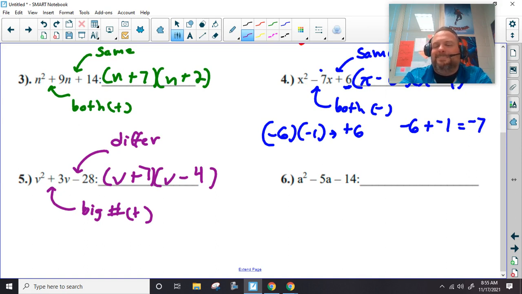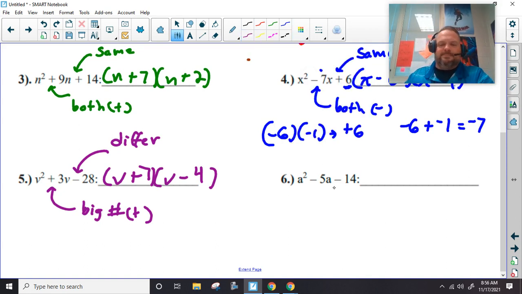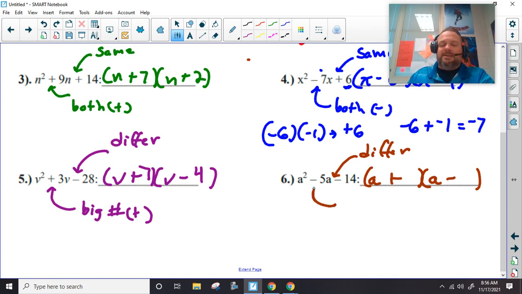Okay. Now, number 6. This negative in front of the 14 tells us our signs are different. This negative in front of the 5 tells us what?